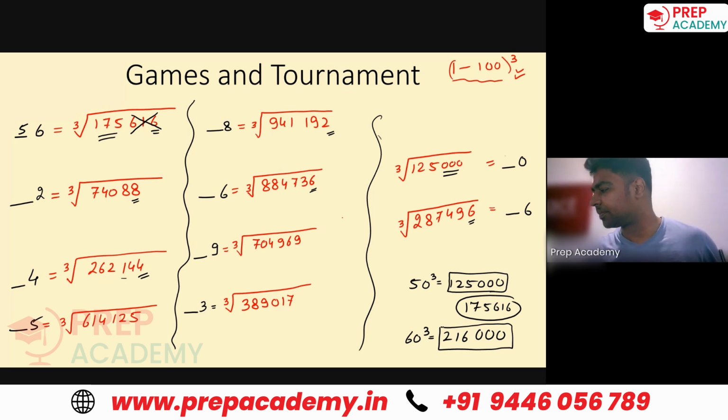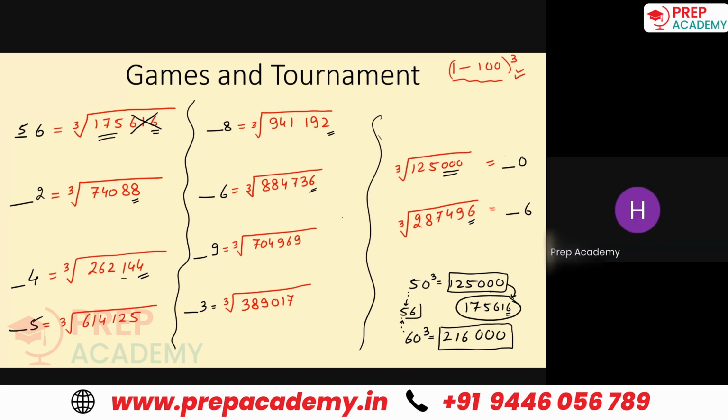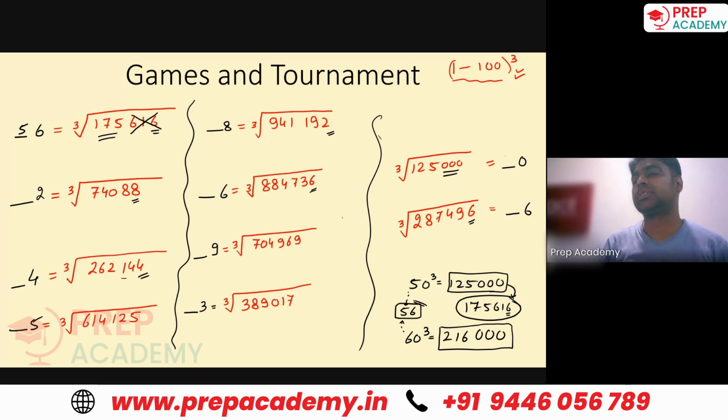So, more than 50, less than 60. Tell me a number which ends with a 6. How many numbers will be there? 56. That is the logic.